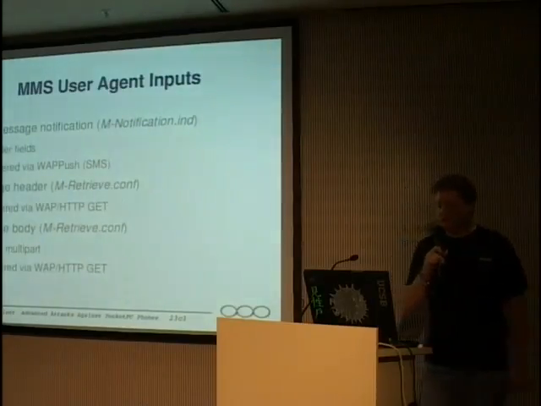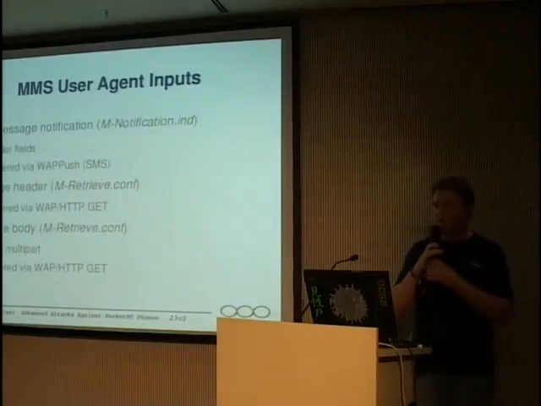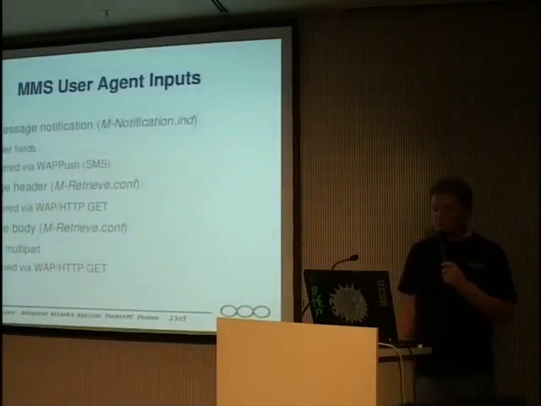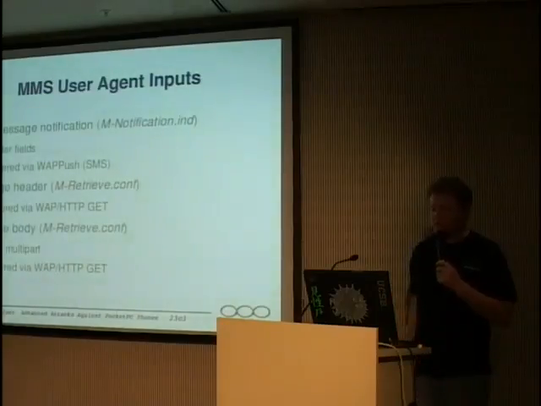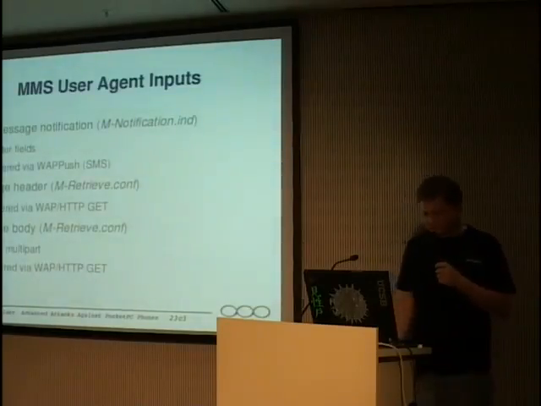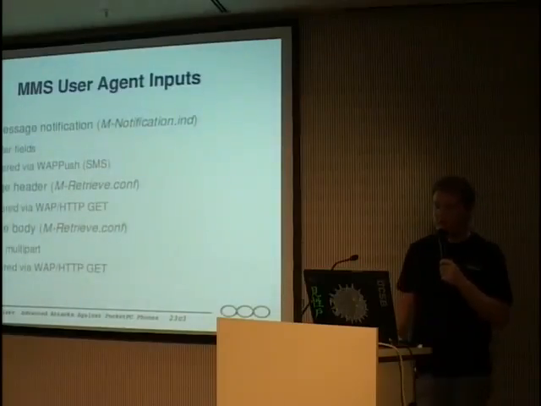So for the MMS user agent, we have identified the notification. That's the thing that goes over SMS before the actual message is received. Just a very small thing that fits in one SMS, some header fields. Then we have the real message, which is received via WAP HTTP GET.